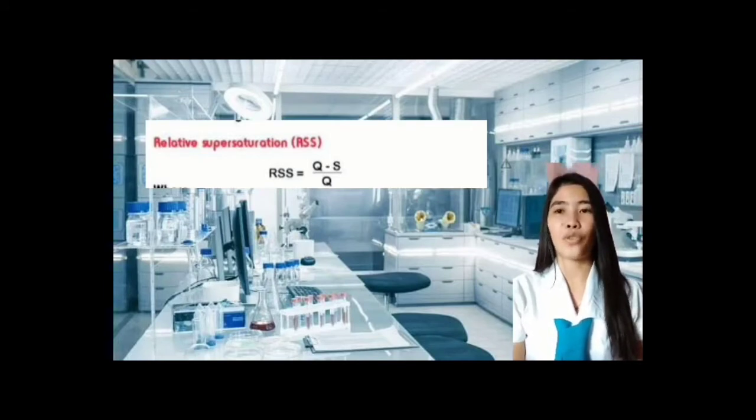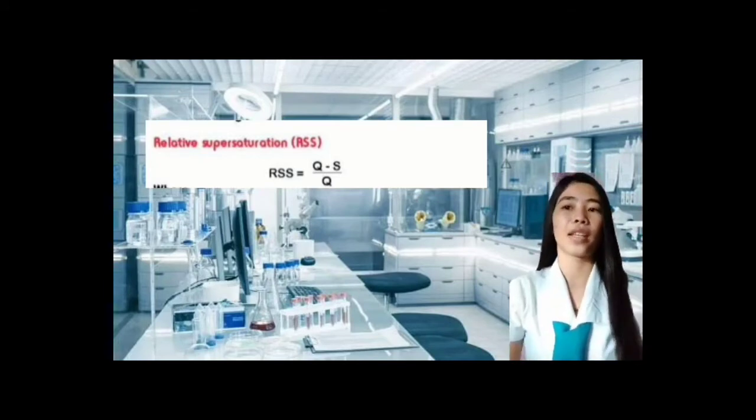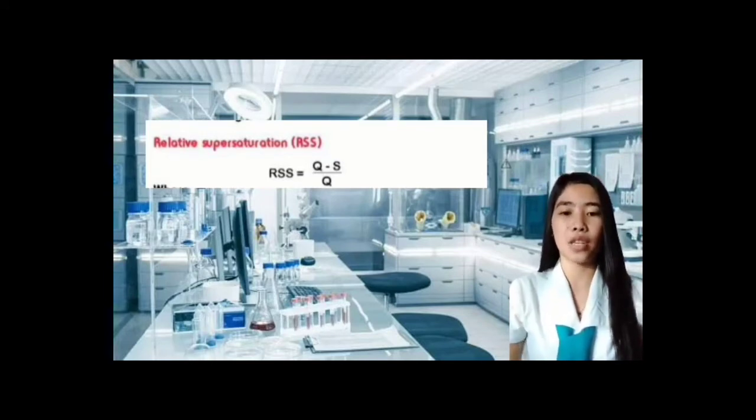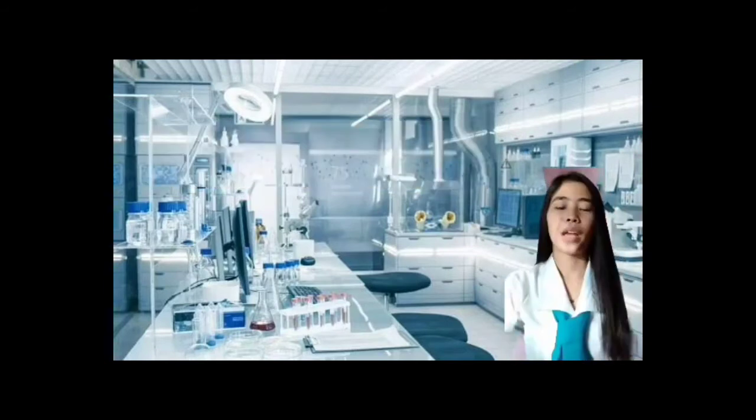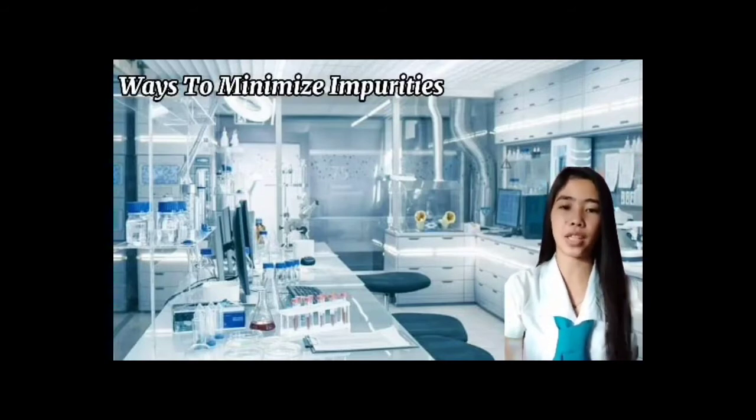The goal is to form crystalline precipitates. This can be done by increasing S, which is to elevate temperature, and decreasing Q, by using dilute solutions, slowly adding reagents, and stirring the solutions.